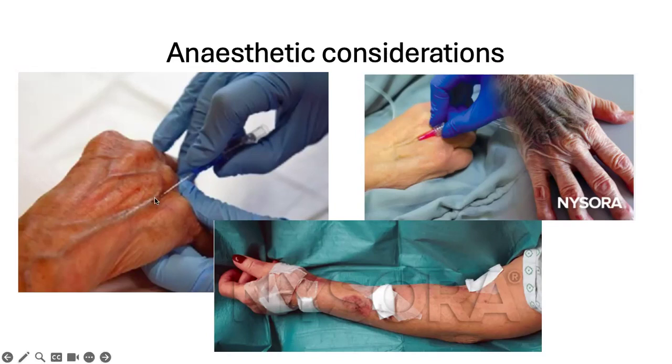And also, sometimes their veins can roll, so it's always good to make sure you support or fix the vein so that it doesn't roll as you puncture it. Because if you don't do that, you're going to end up in this scenario where you're pricking the patient a lot of times, and the patient is not going to be happy with you.